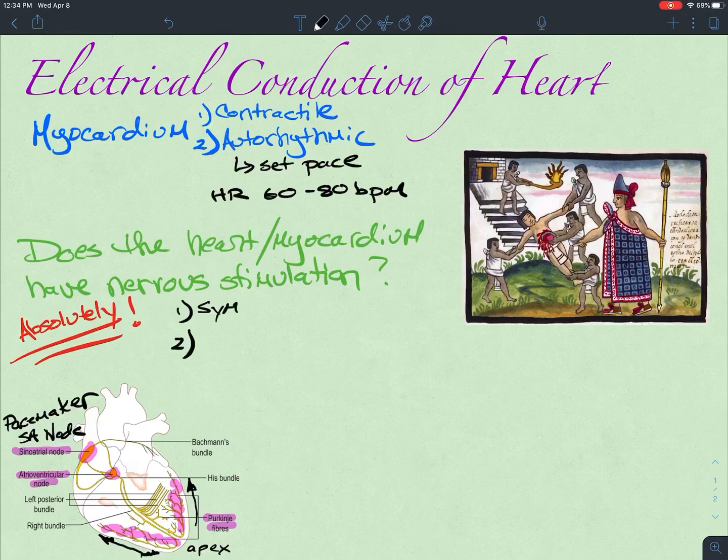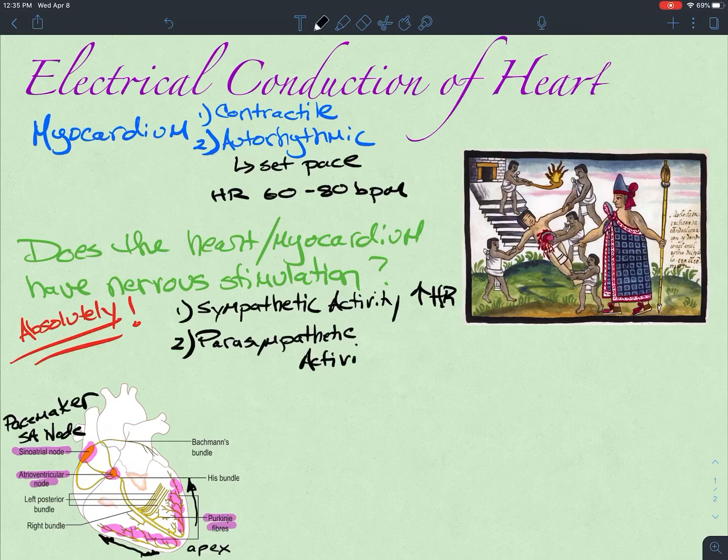Sympathetic activity to the heart increases heart rate during times of fight or flight response, and parasympathetic activity decreases heart rate.